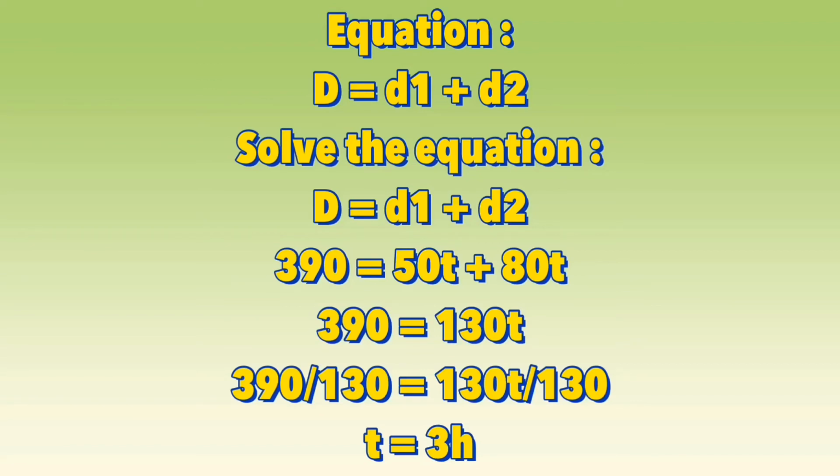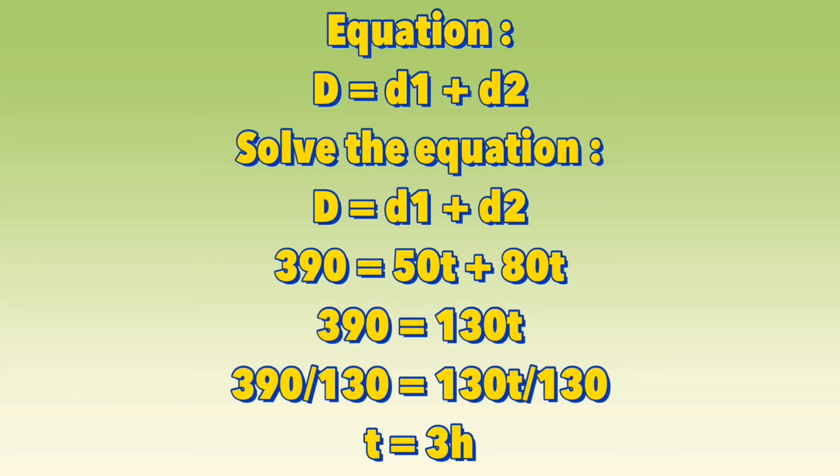And 390 we just copy, and we divide both sides by 130. So 390 divided by 130 equals 3, and 130T divided by 130 equals T. So therefore the time is equal to 3 hours.